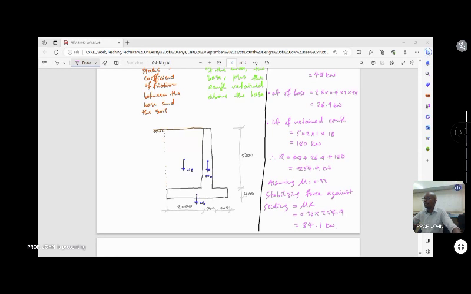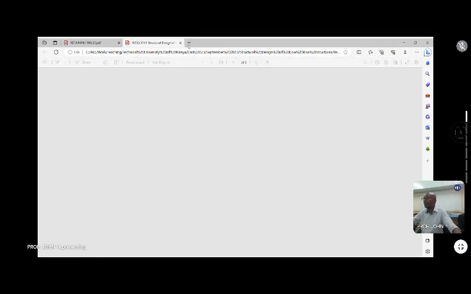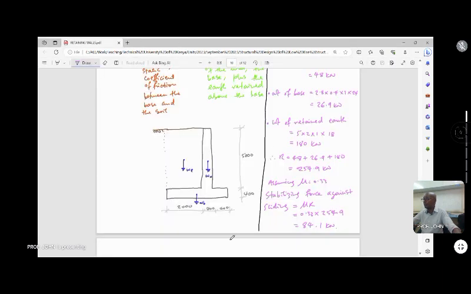Let me see if we can continue with this calculation on our usual sketch pattern.